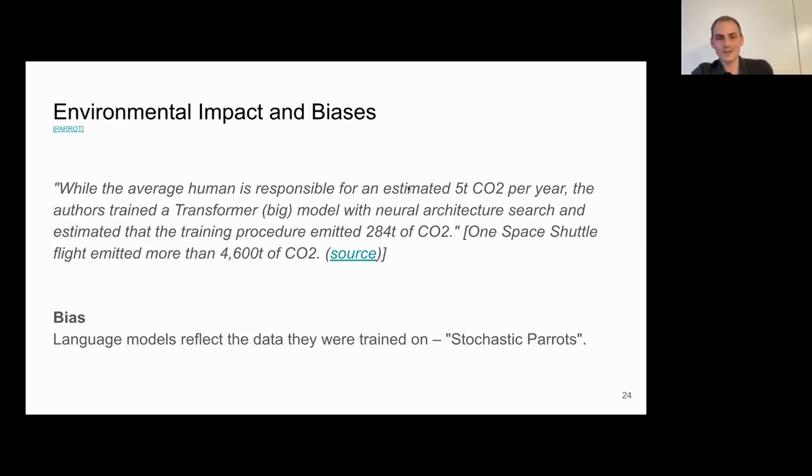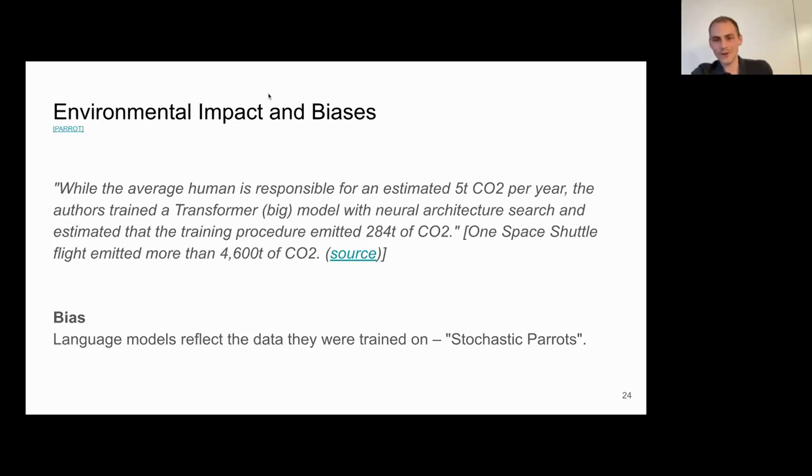So I'm quoting from the Stochastic Parrots paper, where they say a human is typically emitting 5 tons of CO2 per year, and the Transformer big with architecture search, it's an important thing to add, otherwise it would be a bit surprising, has probably emitted around 284 tons of CO2.